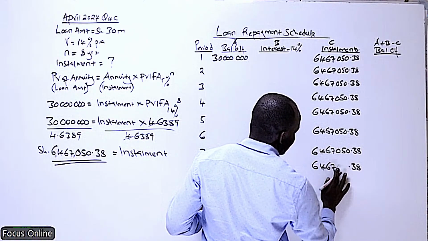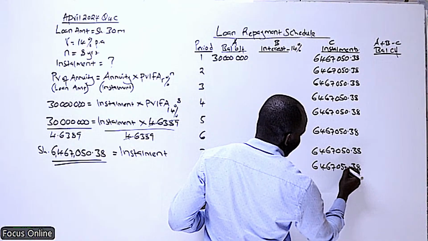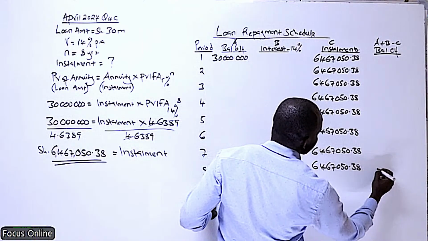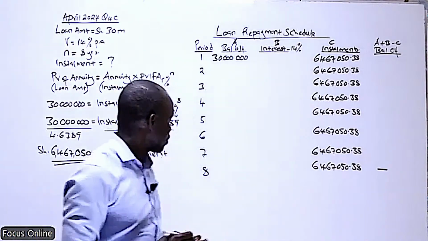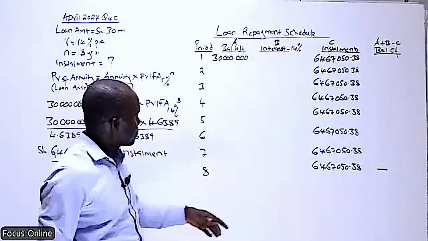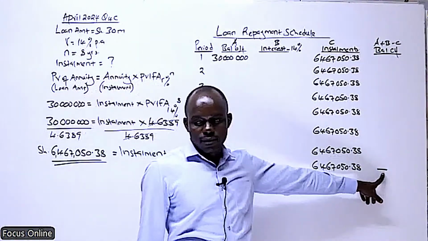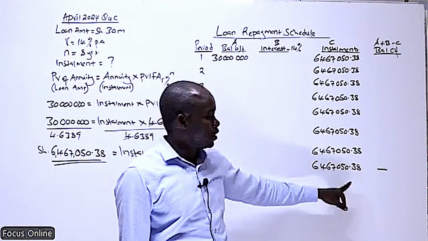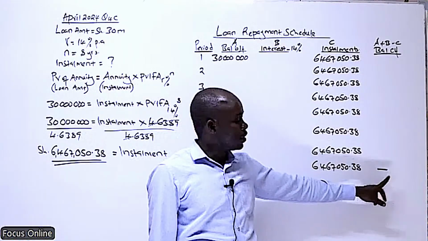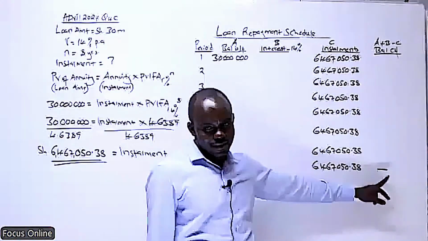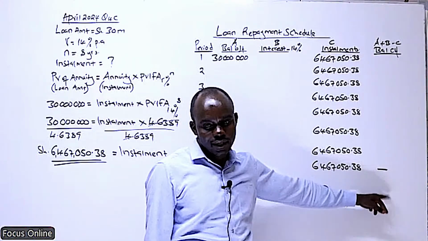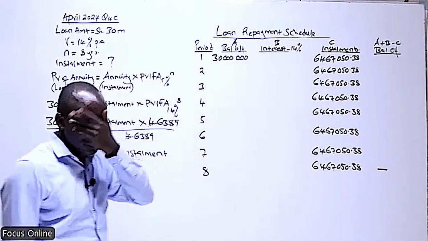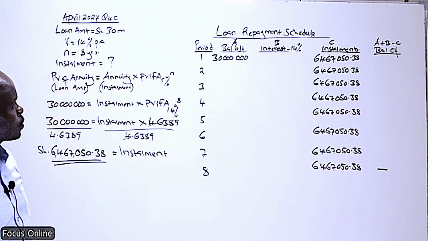How do you know that you are correct? The last installment should exhaust the loan balance. So here, when we make the eighth installment, it should exhaust our loan. So here we will have nothing. So let's start now.